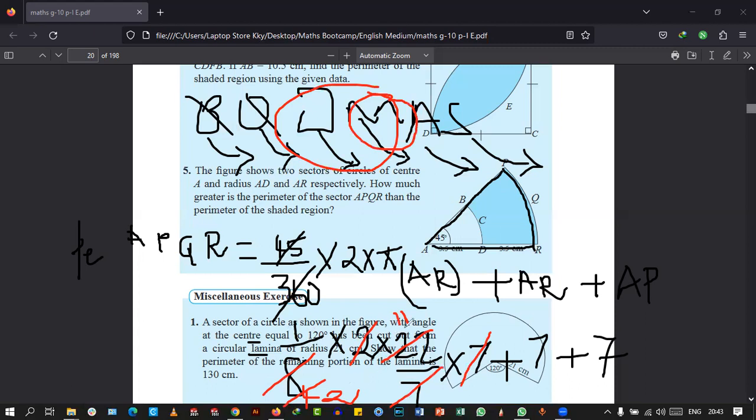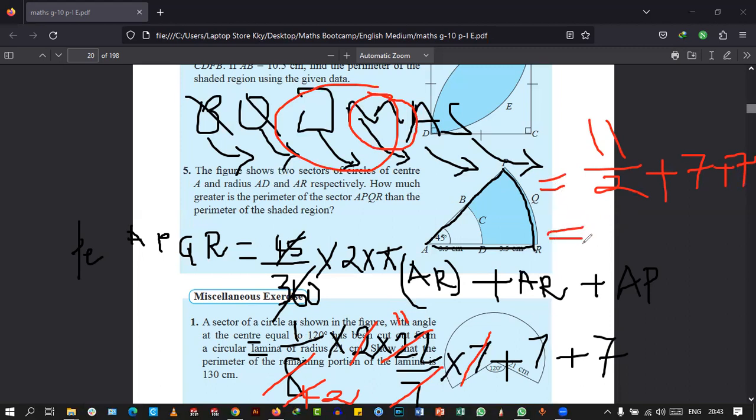On the top, 11 will be remaining, on the bottom, 2 will be remaining. Therefore, 11 divided by 2 will be remaining. After that, we have plus 7 plus 7. I'm not touching it, just writing it as it is. So then I can put an equal sign because this and this are equal.